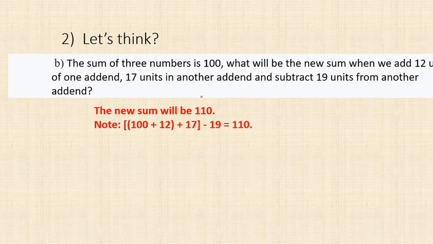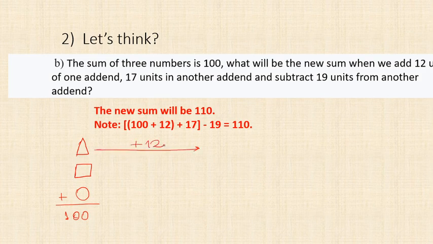The sum of 3 numbers is 100. So 3 numbers, again, I don't know them. I'm going to say triangle, square, and circle. This addition is 100. So what will be the new sum when we add 12 units to the first addend, add 70 units in another addend?